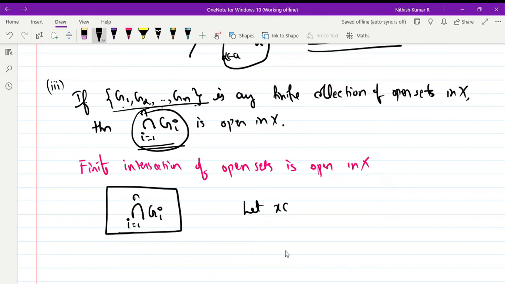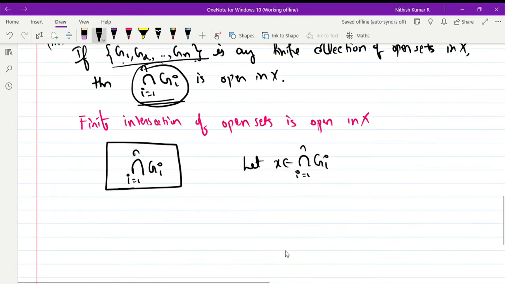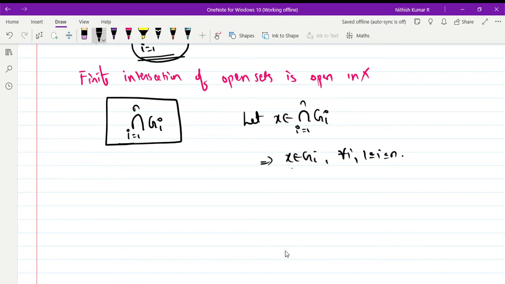Let x belong to the intersection of Gi, i from 1 to n. Now this implies x belongs to Gi for all i between 1 and n. Now x belongs to Gi and each Gi is an open set. Therefore, for this x in Gi, there exists Ri greater than 0.